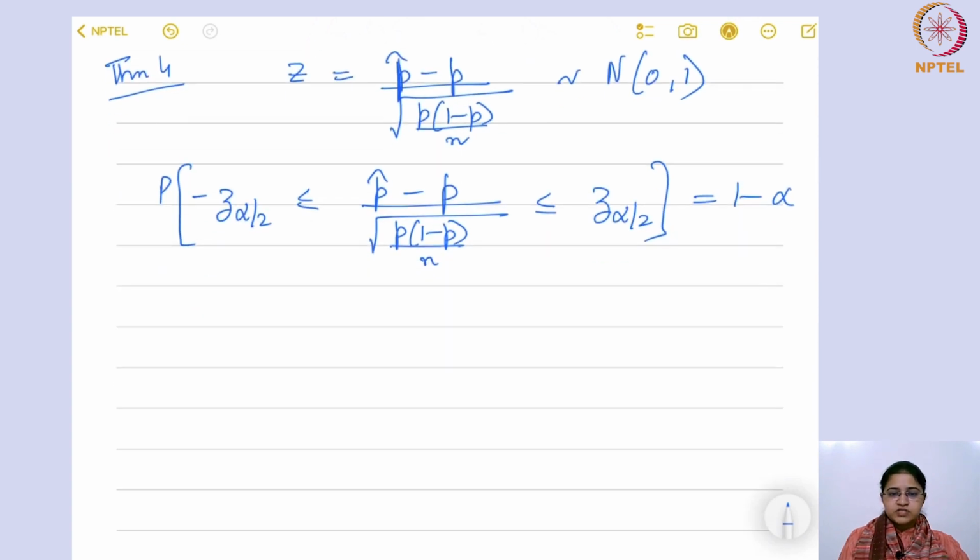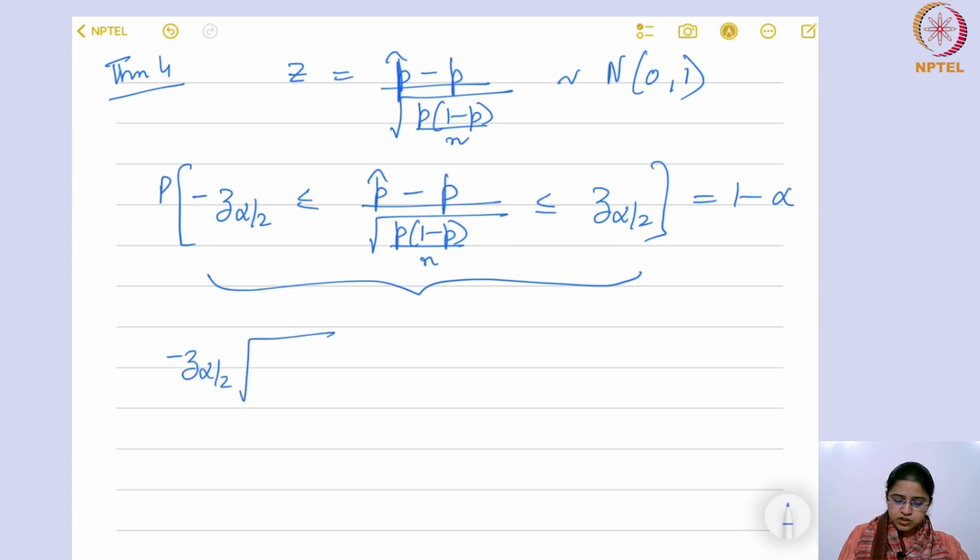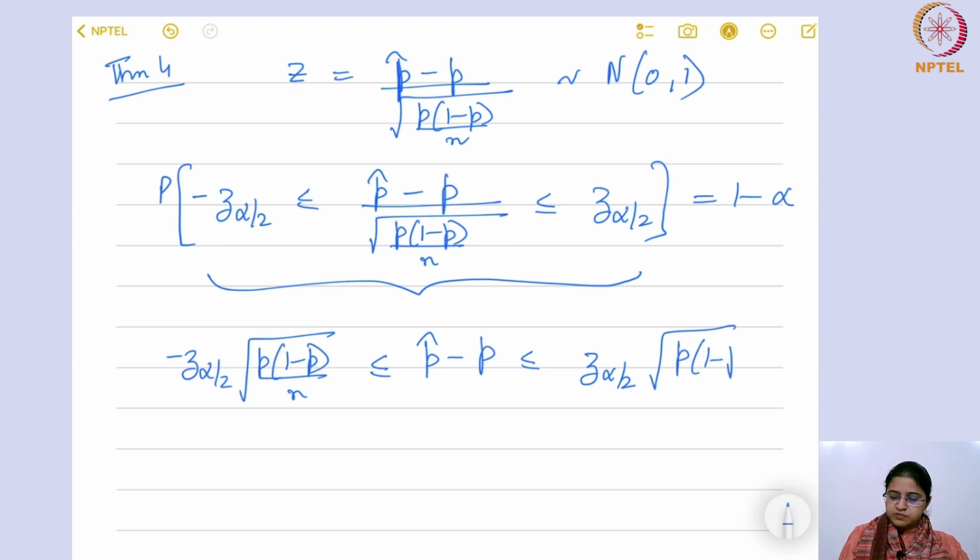So if you further simplify this for p, look at this interval over here, you can multiply this. Minus z alpha by 2 under root p into 1 minus p over n is less than or equal to p hat minus p, and this side it would be z alpha by 2 under root p into 1 minus p by n.